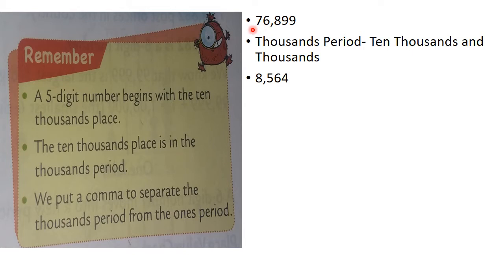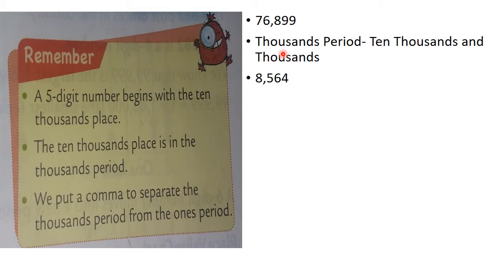Now let us see another point which I have taken for you. It is that the 10,000's place is in the thousands period. If you remember, I have shown you in the very first module the place value chart where we talked about different groups, which are also known as periods.